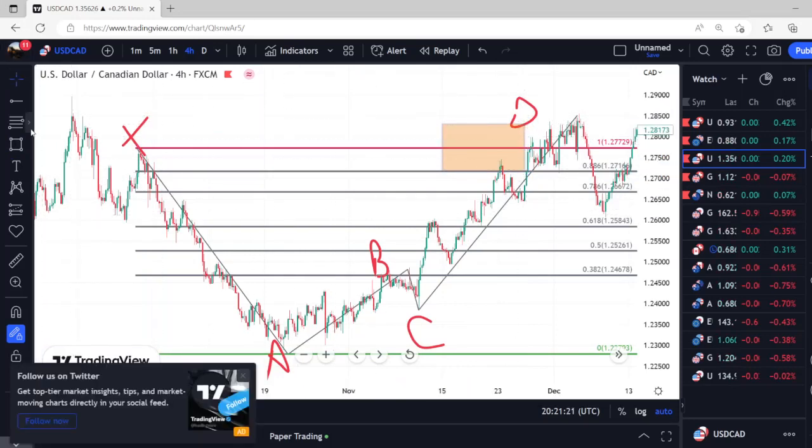So now grab your fib extension. You measure your X to A to B leg. So AB equals CD leg, that's what you measure.